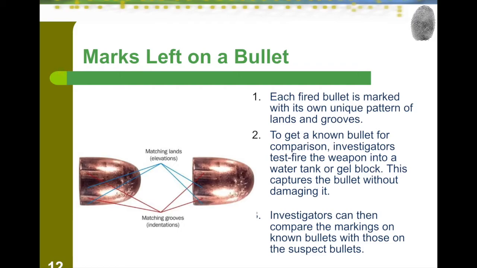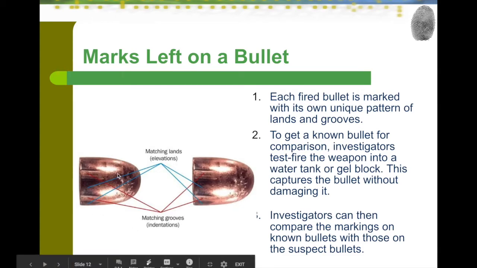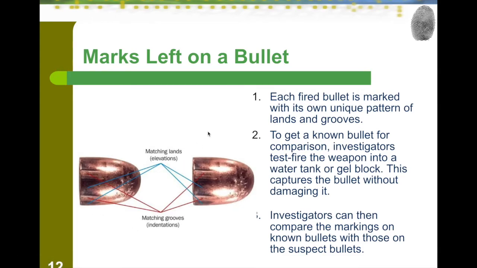This captures the bullet without damaging it, so they have something to compare it to. Just like with fingerprints, we had that big packet of fingerprints to compare to the ones we were finding around the room. Same thing happens when you find a bullet at a crime scene. You need something to compare it to in order to see if it matches. Investigators can then compare the markings on the known bullet with those on the suspected bullet and try to make a match.